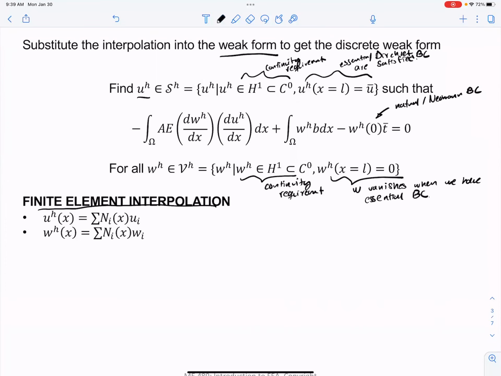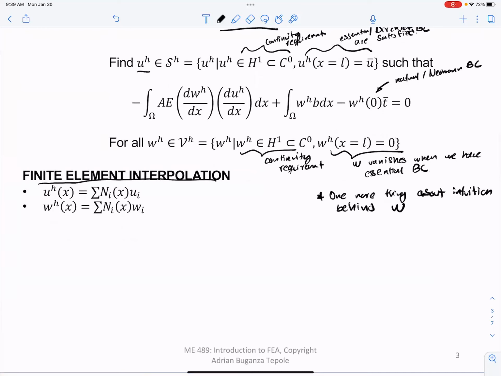Furthermore, I would just add one more note from what I talked about on Wednesday. A little bit about what the W's represent.